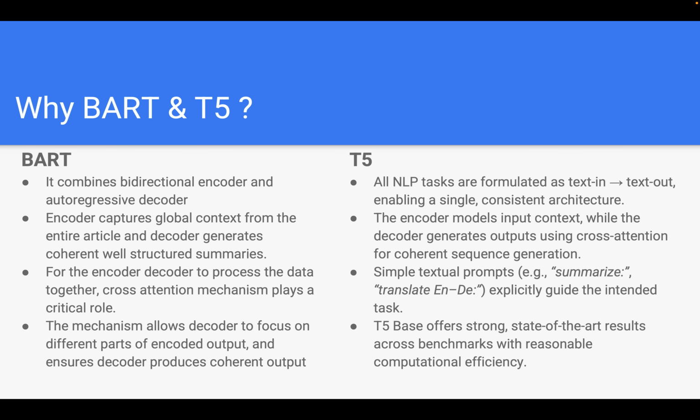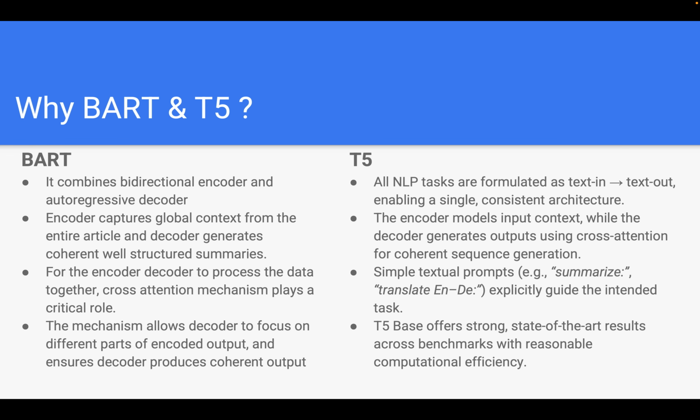We know that cross attention is required for the decoder to understand the semantics of the encoder output, and then autoregressively produce the output token by token. The mechanism allows the decoder to focus on different parts of the encoded output and ensures the decoder produces coherent output. So the coherence of the output is maintained when we fine-tune the BART model onto the summarization tasks.